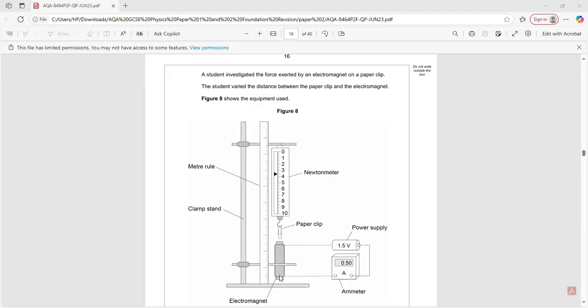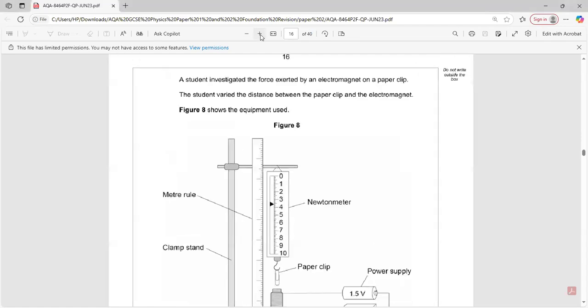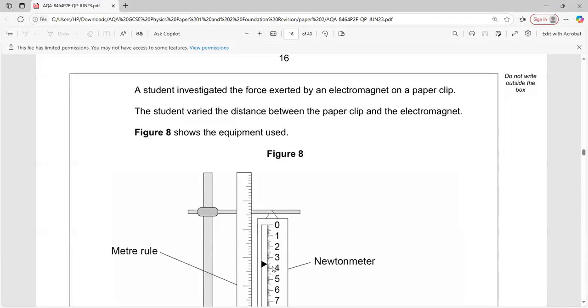Now that we understand what's really happening here, let's read the Newton value on the screen. What's that value there? That's between 3 and 4. I think it's 3.6. Do you agree? Should I zoom in? Okay, let's zoom in. It looks like it's 3.6, right? Because it's just right after 3.5.